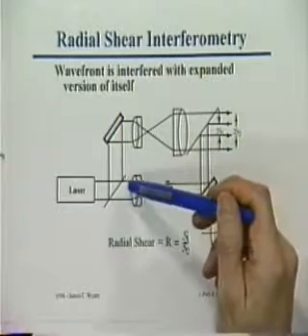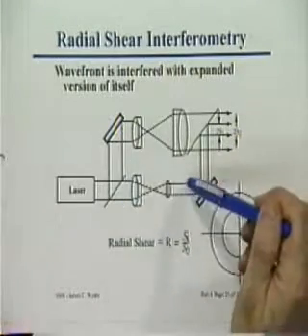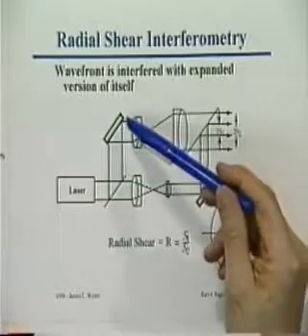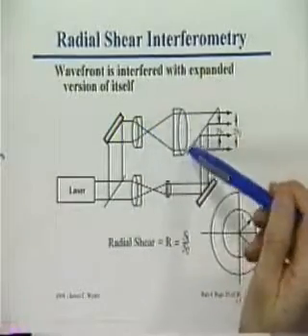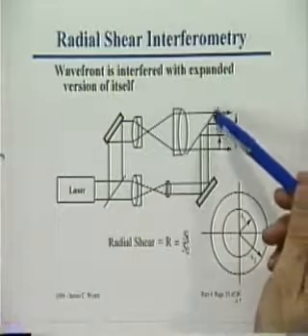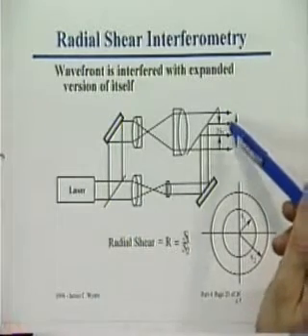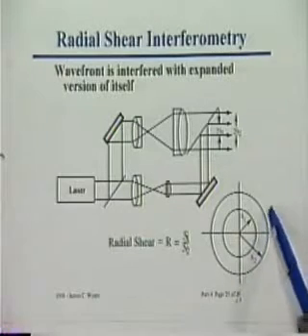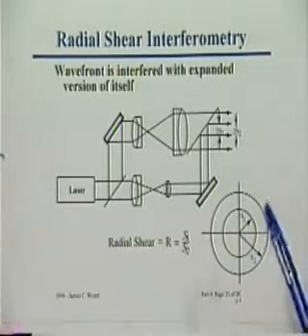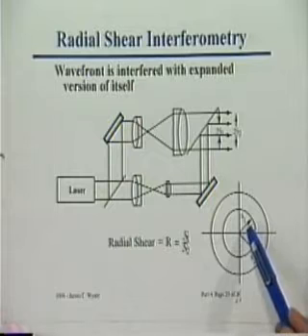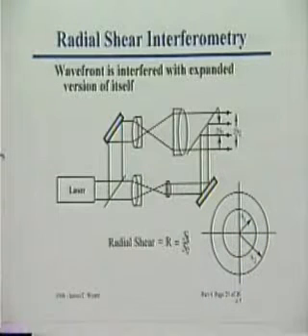But in one arm I put a telescope that made the beam smaller. In the other arm I put in a telescope that made the beam larger. So we have two beams coming out of here. A big beam and a small beam. And in the region of overlap, we'll have interference fringes.